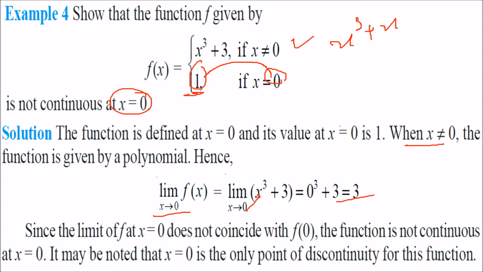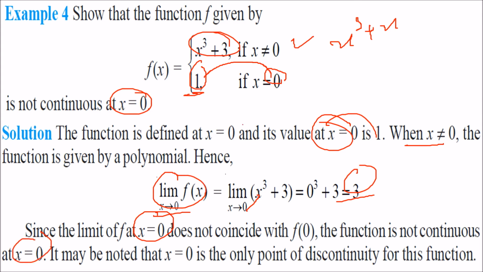And the value at x = 0 is 1. But the limit at x = 0 is 3. So the value at x = 0 does not coincide with the limit. That is why this function is not continuous at x = 0. Please understand, all polynomial functions are continuous. So only x = 0 is the point of discontinuity in this particular example.